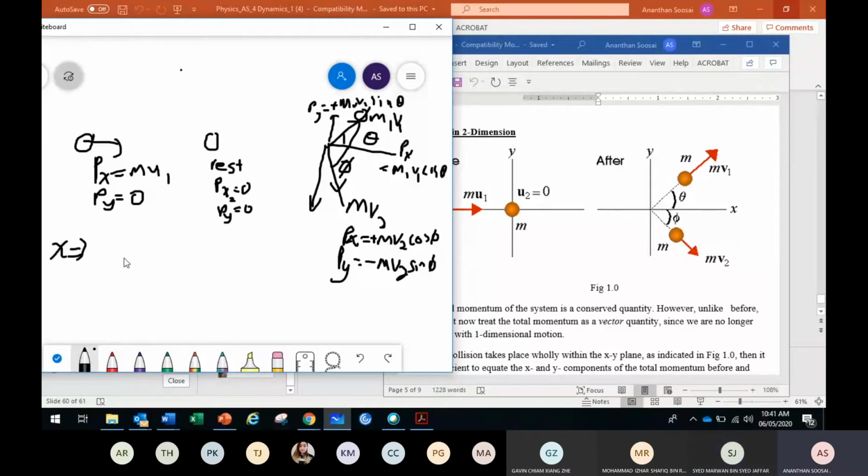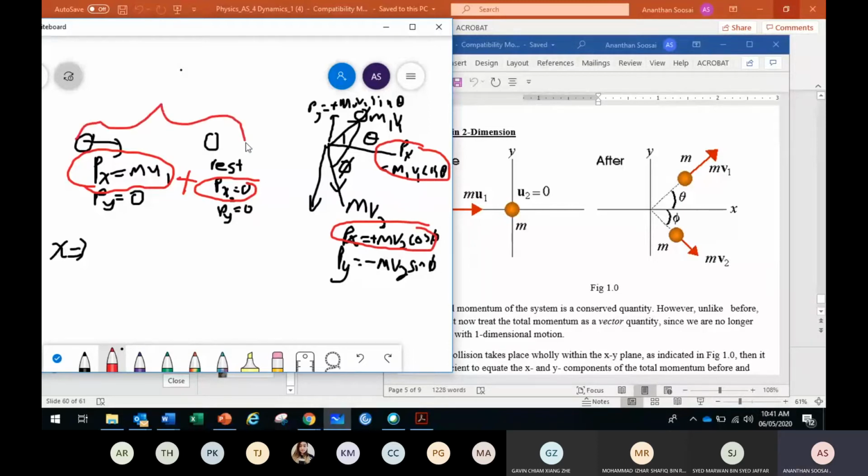Now from the x component, how is the equation going to be? X component conservation: total momentum before, just the x component, added up, must equal the x components after added up. The total before should equal the total after these two.